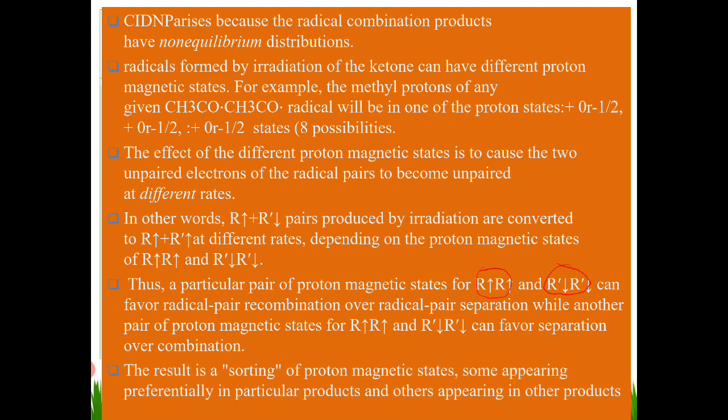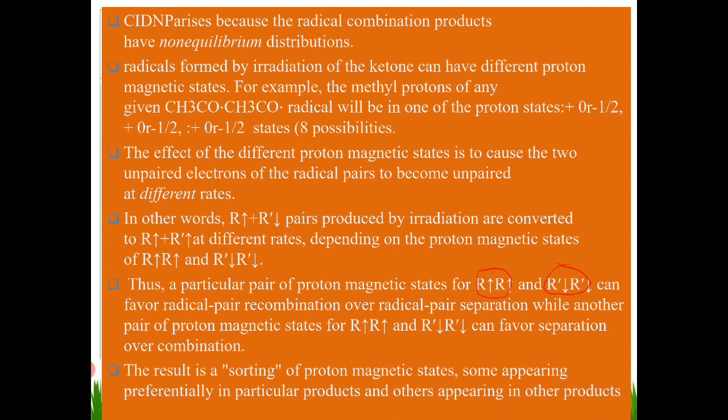So what will happen? One will be preferred over the other depending on the magnetic state of the proton. The preference will be there during the irradiation. This results in a sorting of the proton magnetic states, some appearing preferentially in a particular product and the others appearing in another product.